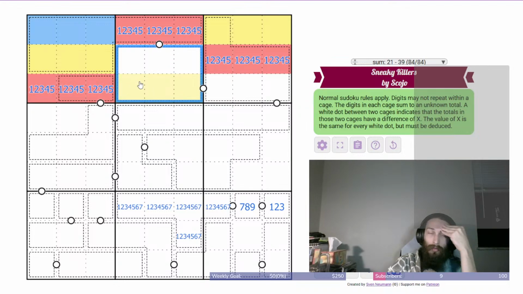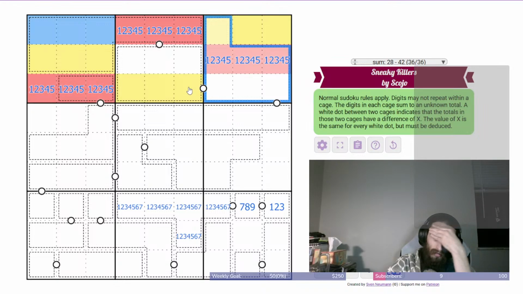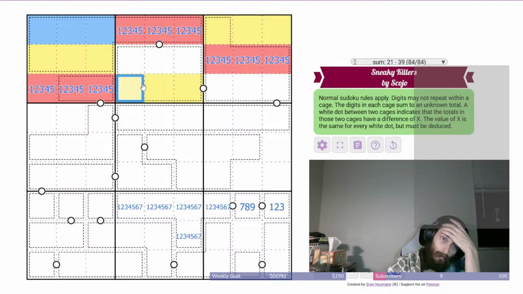Because if this was 30 and the difference was 10, then this would be 20 or 40. Not seeing it. I should be able to see the way that's going. So we've got, here, okay.